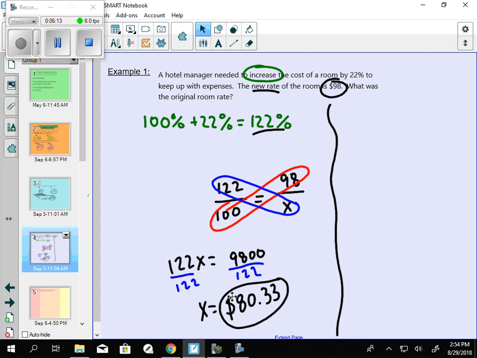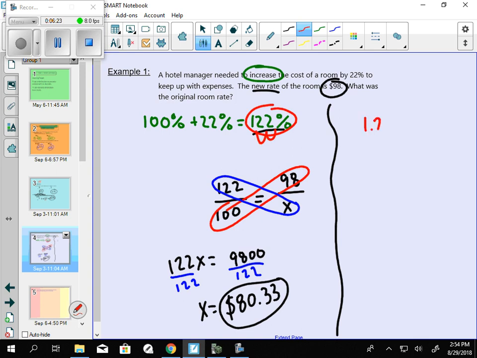You could do it by converting right away. So once we get this 122%, if you converted that to a decimal by dividing by 100 or moving that over 2 times, you'd get 1.22. So that percentage times whatever that original cost was should give us this new dollar amount of 98.